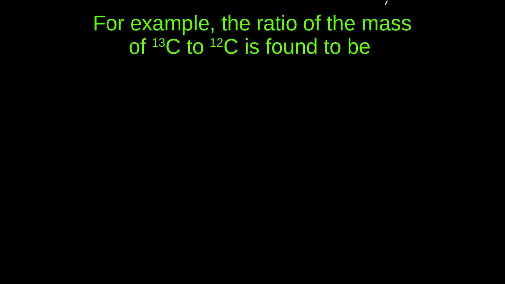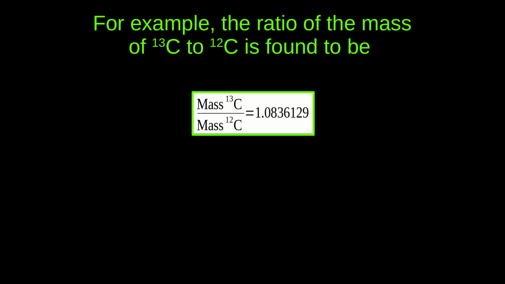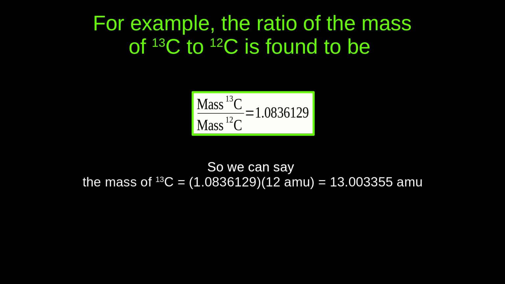So for example, with carbon-13 and carbon-12, you run them through a spectrometer, and you find that the ratio of the masses is about 1.0836129. So we can say that the mass of carbon-13 is 1.0836129 times the mass of carbon-12. Now remember, we'll see this later, we define the mass of the carbon-12 isotope as being exactly 12 AMU.